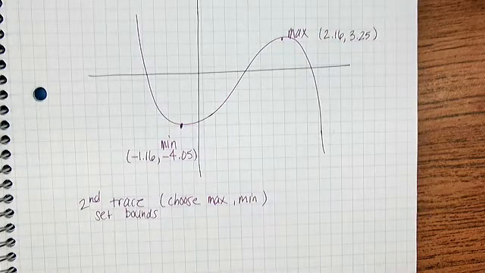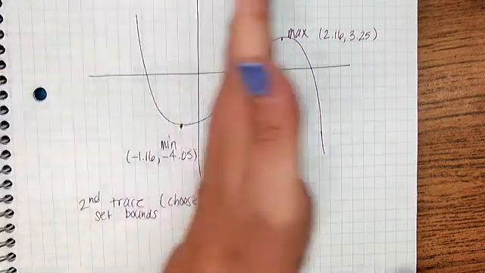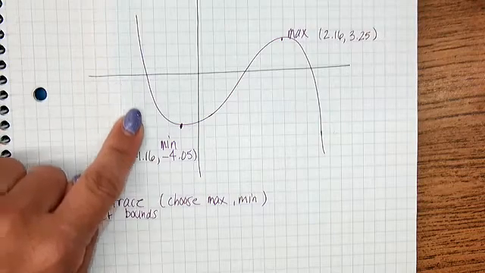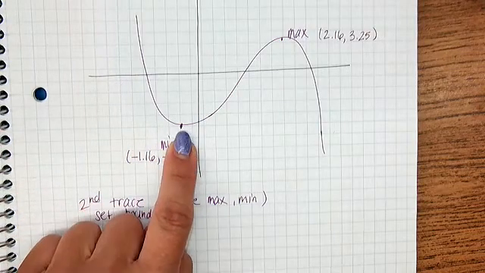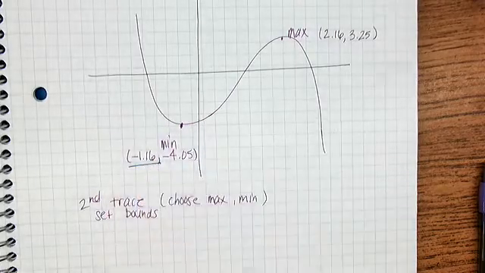So the next question is, where is it increasing and decreasing? If you'll remember from the previous lesson, when you're talking about increasing and decreasing, you're talking about intervals of x. What's happening to y between specific x values? So if I'm coming from the left-hand side, y is decreasing until I get to this x value, which is negative 1.16.